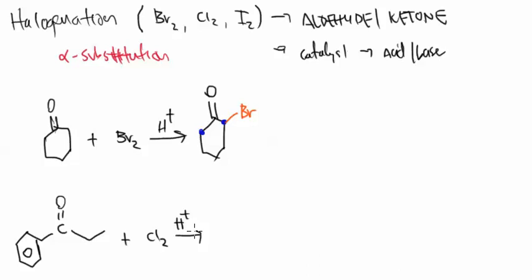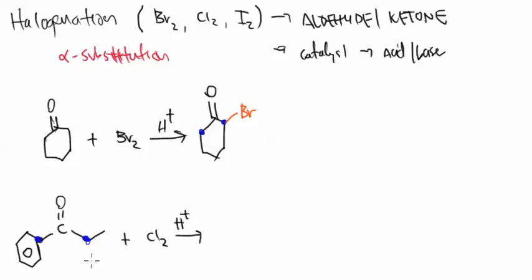But if I look at this molecule and I try to figure out what goes on, this carbon has an alpha carbon that's here to the left, and it has an alpha carbon that's here to the right. Well, if I look at the one to the left, this is different than the one on the right.